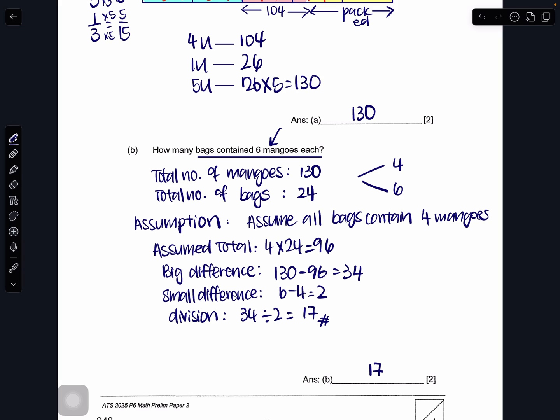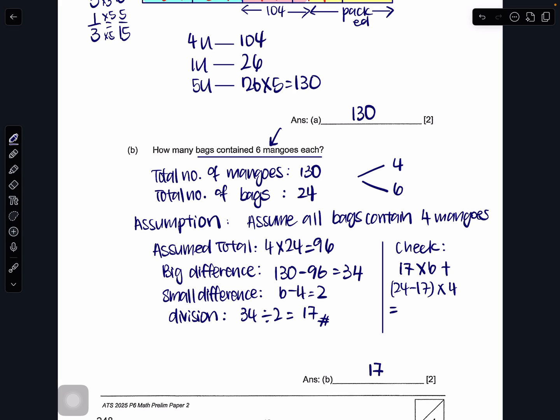You can do a check. You can take 17 multiplied by 6, plus 24 minus 17, the rest of the bags, multiplied by 4.